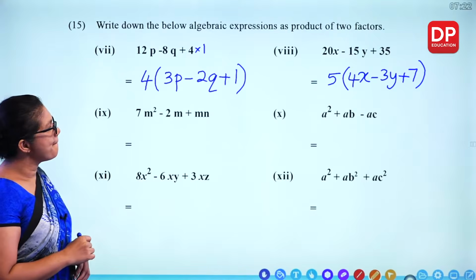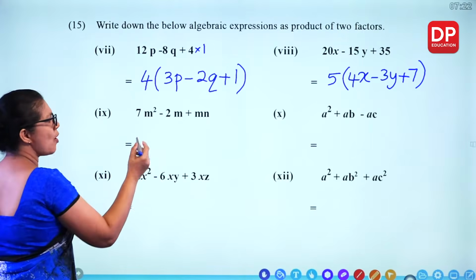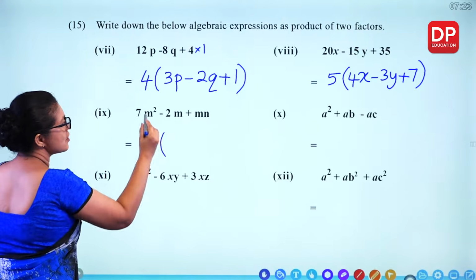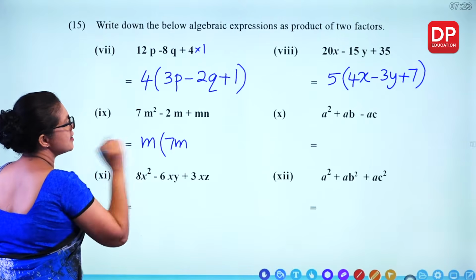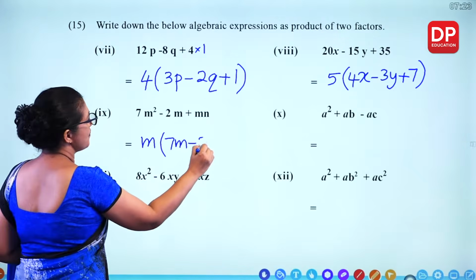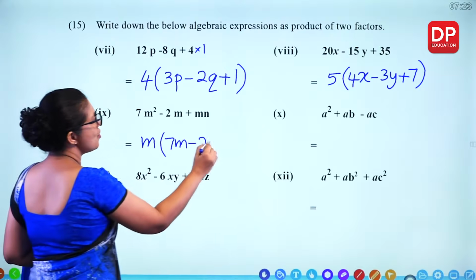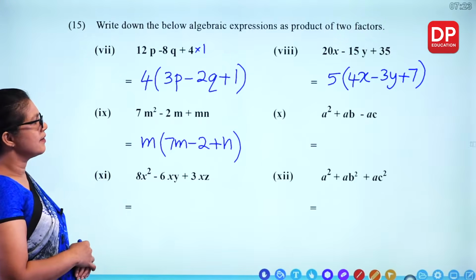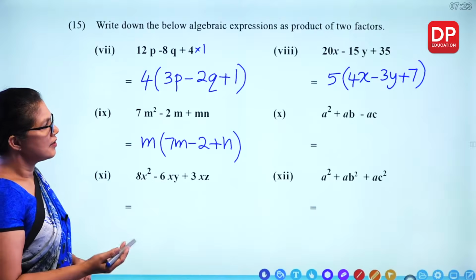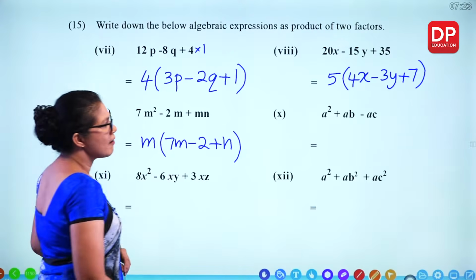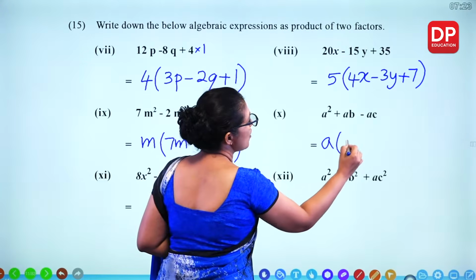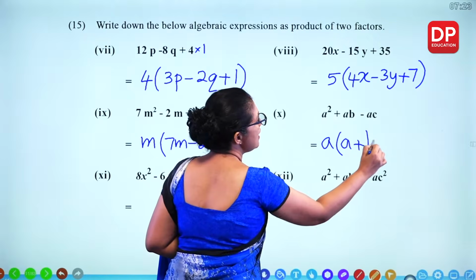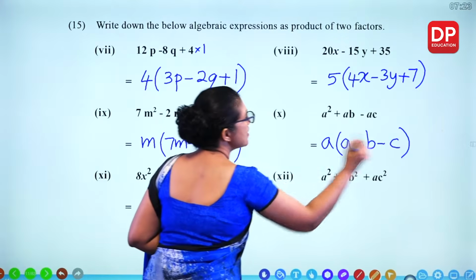This one, m is common. Take it out. The remaining part, 7m minus 2 and here n. This one, a only common. Take it out. A plus b minus c.